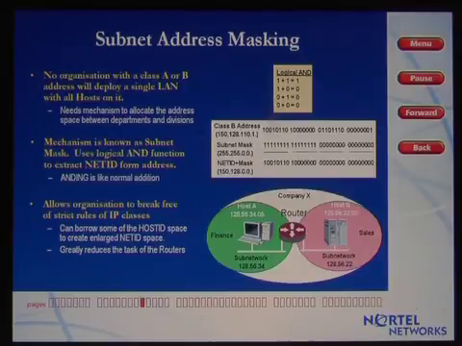To accomplish this, the company partitions the address by telling each department which value to use in the third byte of the address and to use the subnet mask 255.255.255.0. Now, Finance Department will use 128.56.34.0 and Sales will use 128.56.22.0.